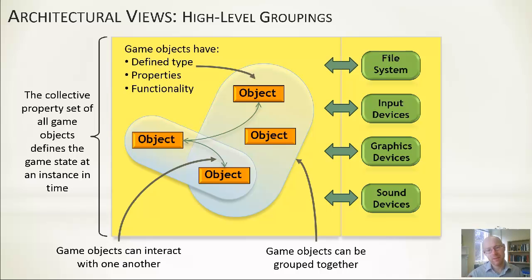The file, input and graphic devices are really independent of the game. They're things that are offered on the platform in which we are running. But it's important to model those, because we as programmers are going to have to write something that gives us access to them, and then make that thing available to our objects so they can get access to graphics or whatever it is they need to use.